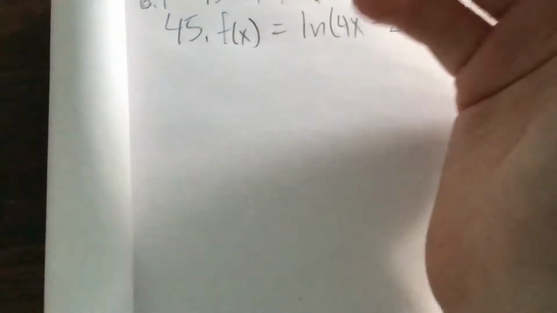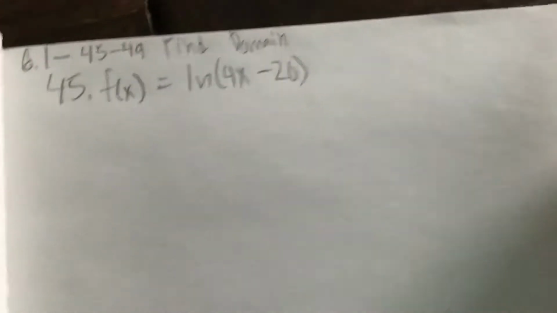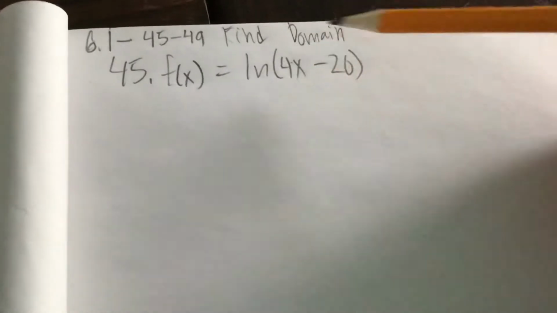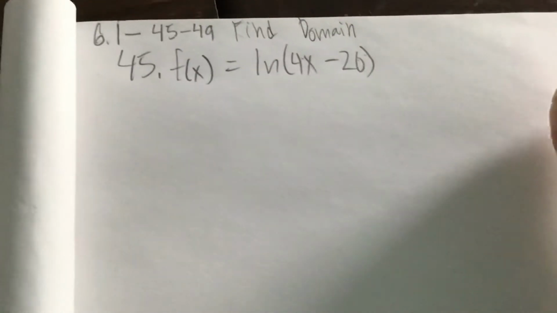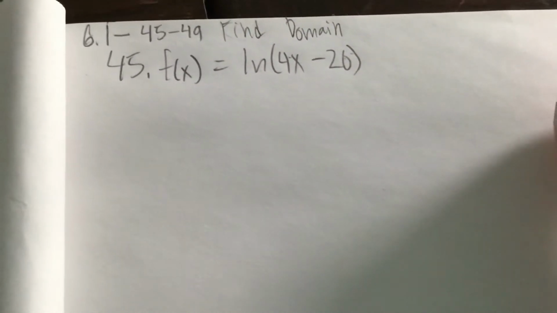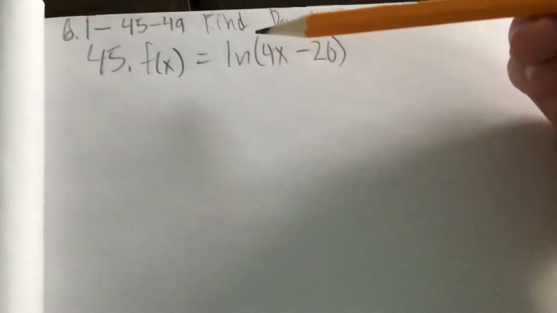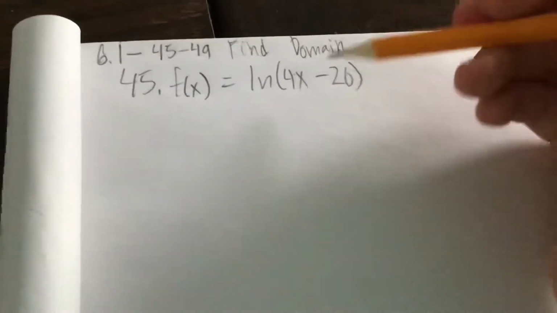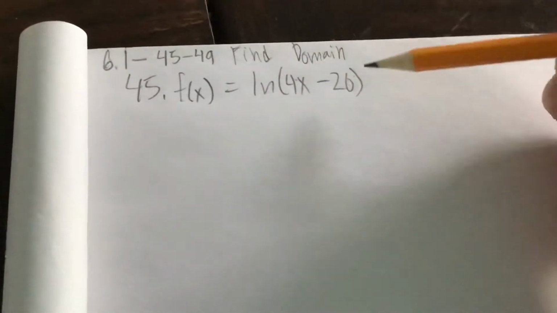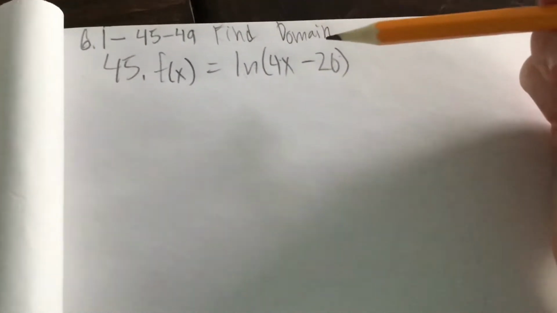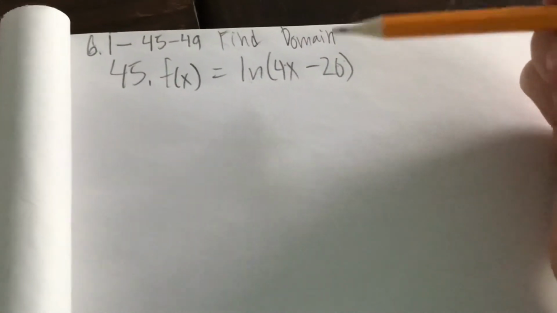To find the domain, we take these two numbers and we say that because this is a natural logarithm, this set of numbers is greater than 0.